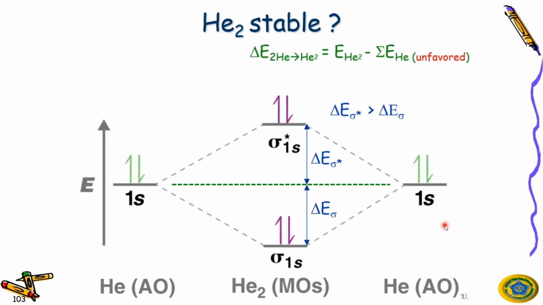Okay. So when we do the calculation, we find out that this is not favored. That means these 2 energies get together, and this is higher than this. So the energy delta E is less than 0, so it's not stable.